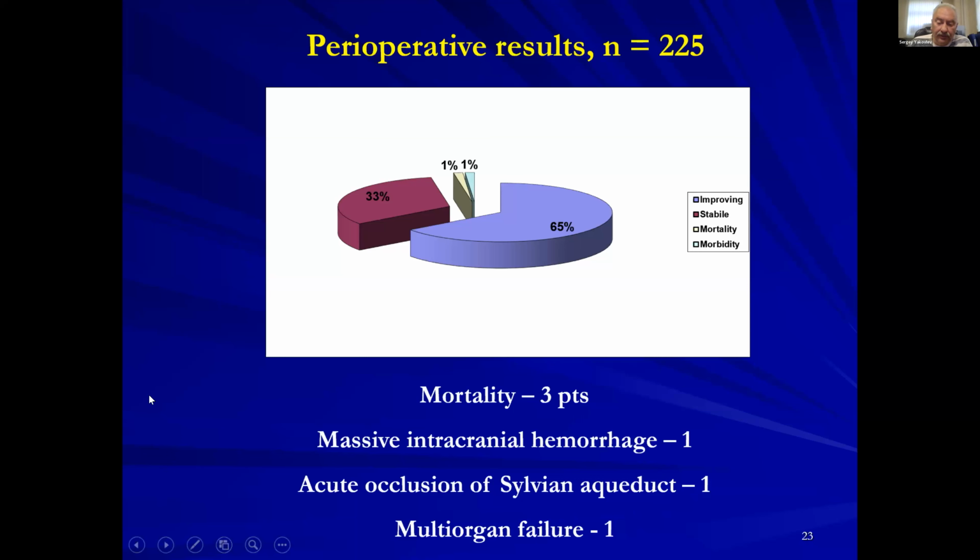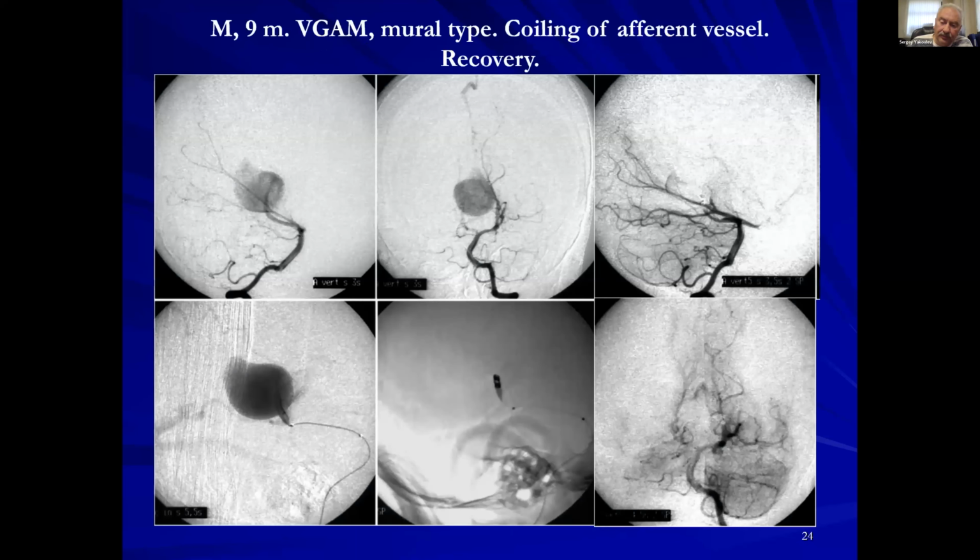The cause of mortality was massive intracranial hemorrhage in one case, acute occlusion of the cerebral aqueduct and dislocation of the brain in one patient, and multi-organ failure in only one patient.